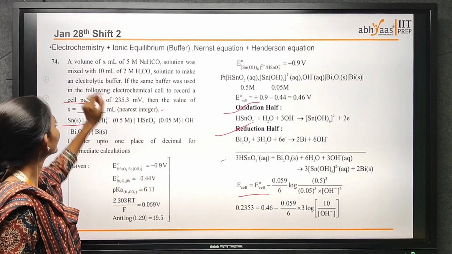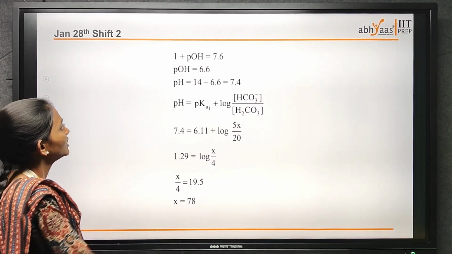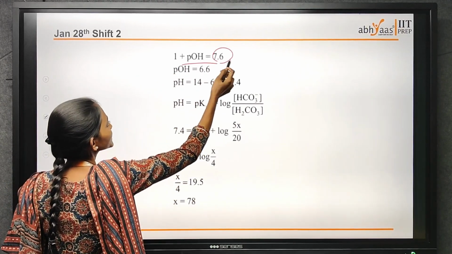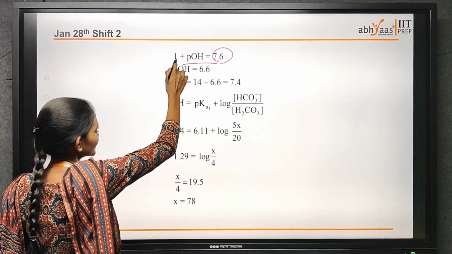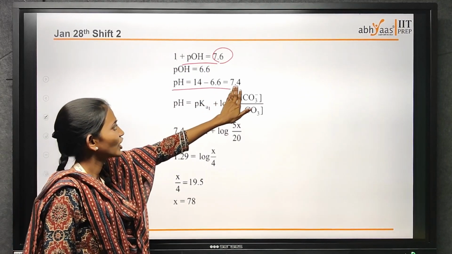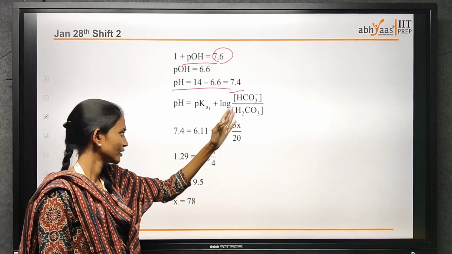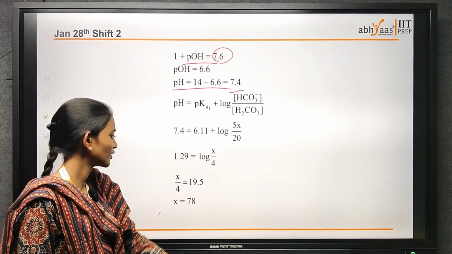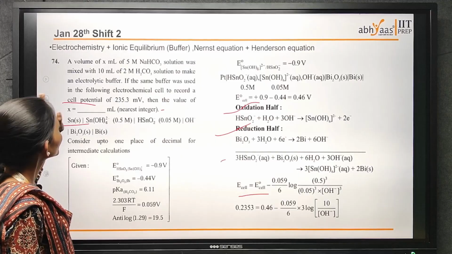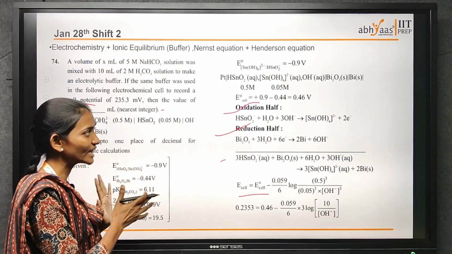You need to apply the Nernst equation as well as the half buffer solution. Therefore, pOH will be 7.6. That means you are subtracting here: pH will be 14 minus 6.6, you are getting 7.4. So we know pKa plus log of salt by acid, if you apply the values and simplify, your X will be 78. So this is a time-taking, tricky and lengthy question too.